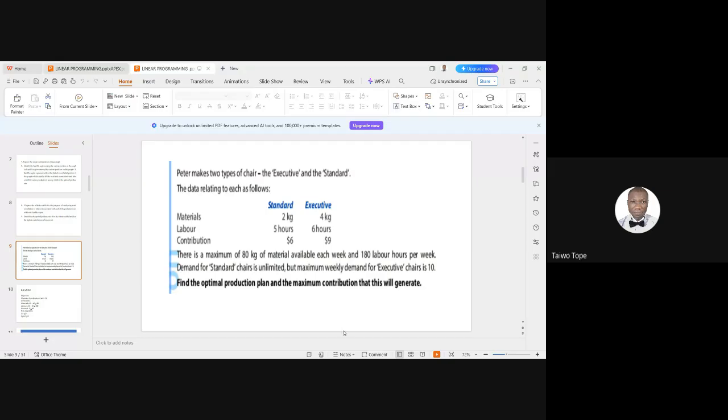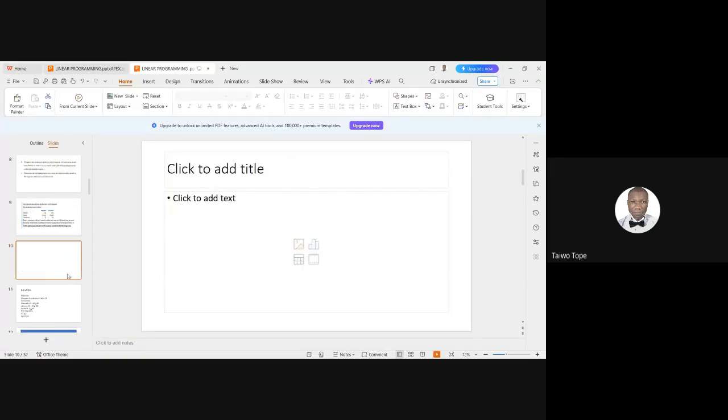So to solve this now, the question says find the optimal production plan and the maximum contribution that this will generate. So the first thing we are to do is what? From our previous knowledge, what will be the first thing we are to determine?